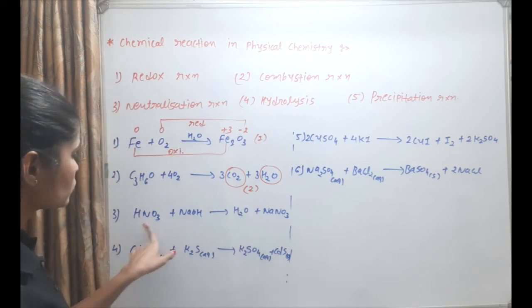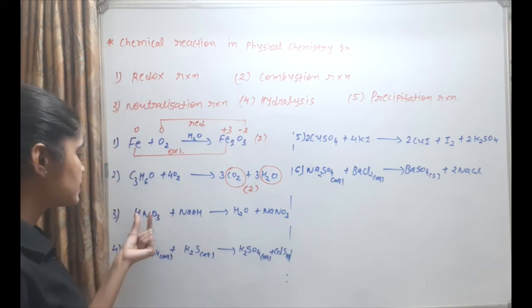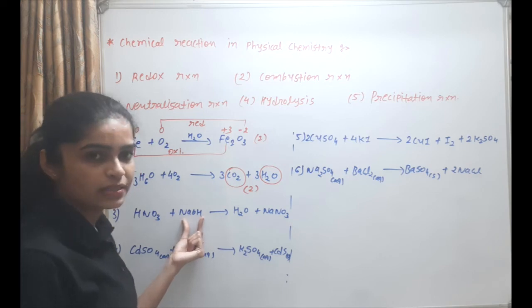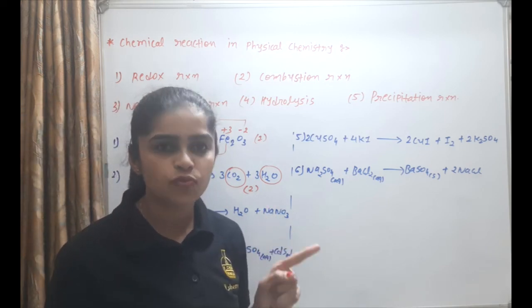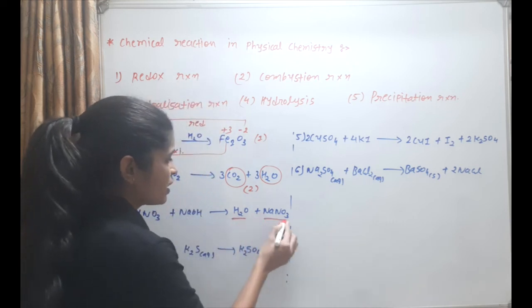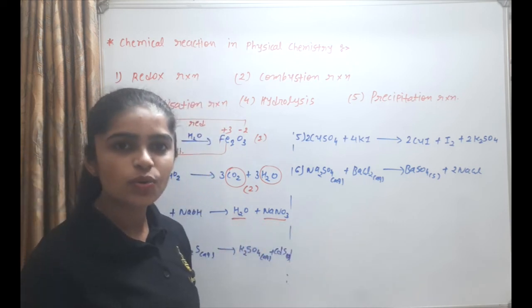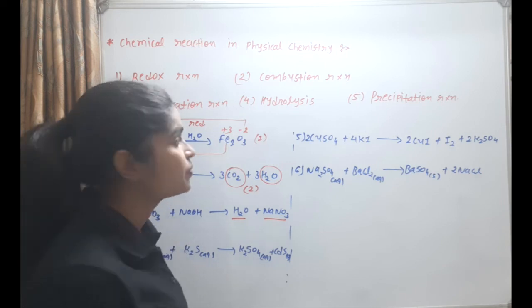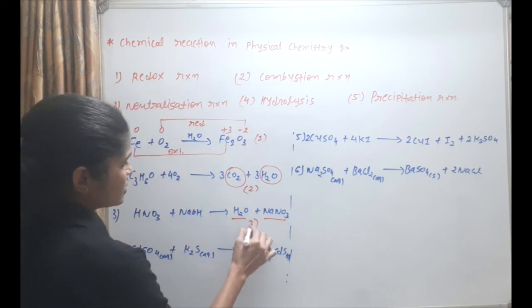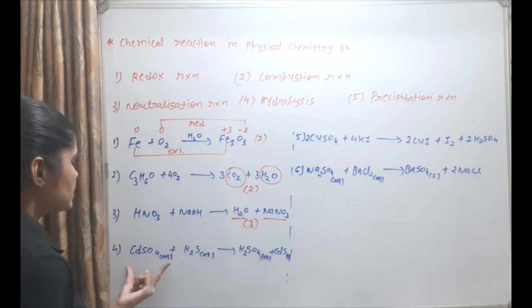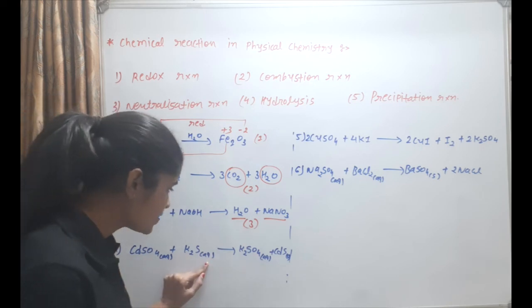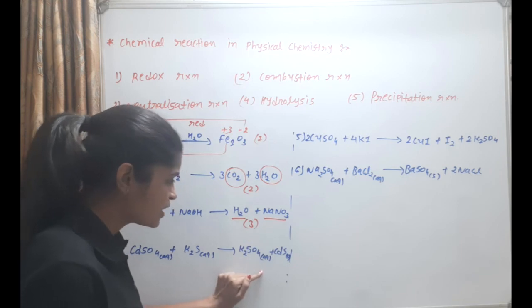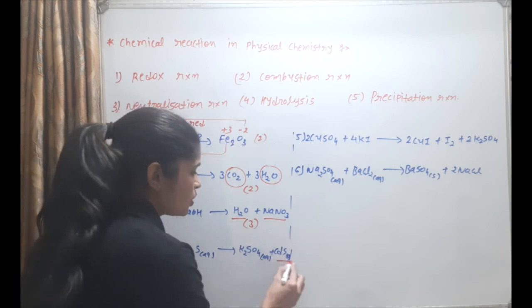Next, HNO3 plus NaOH. This is the acid and this is the base. Acid plus base reacts and gives salt plus water. This is the water and this is the salt. It is known as the neutralization reaction. Next, CdSO4 in the aqueous state, K2S in the aqueous state, K2SO4 aqueous and CdS in the solid state.